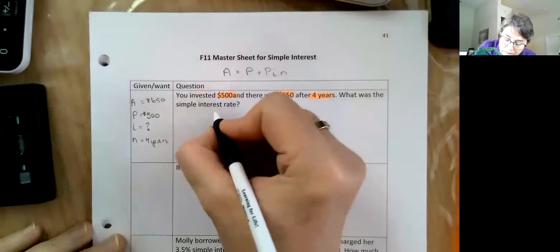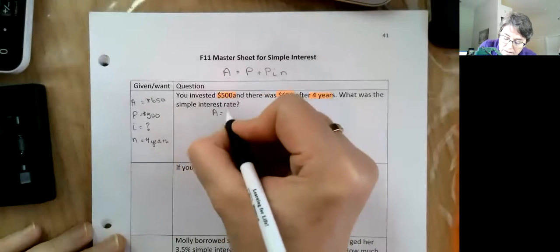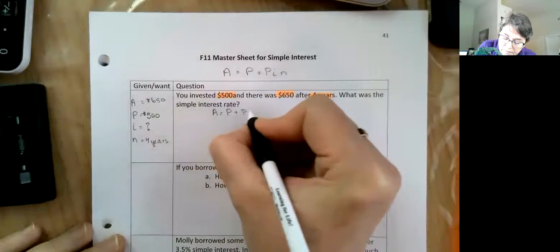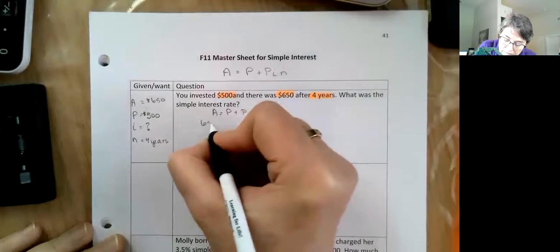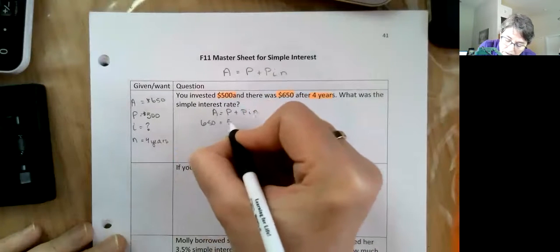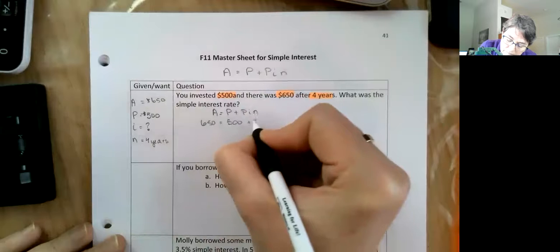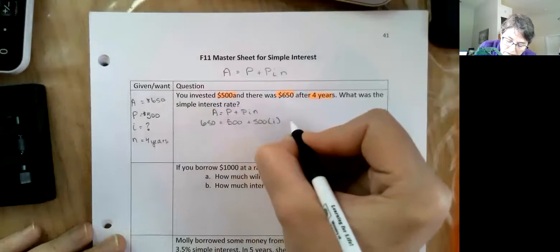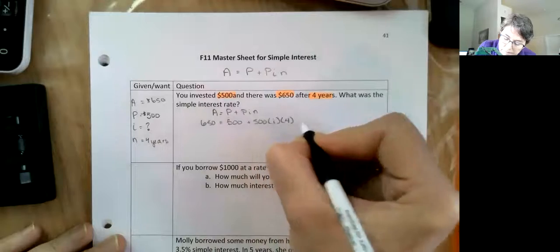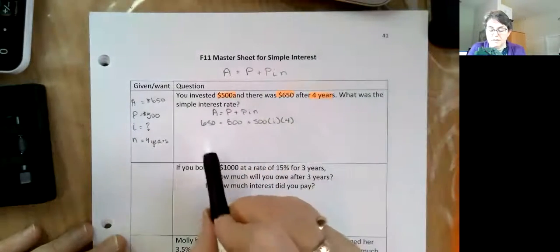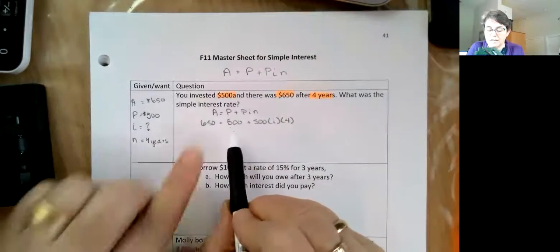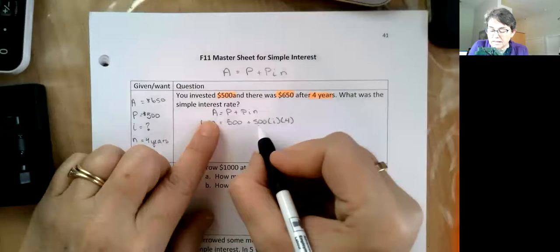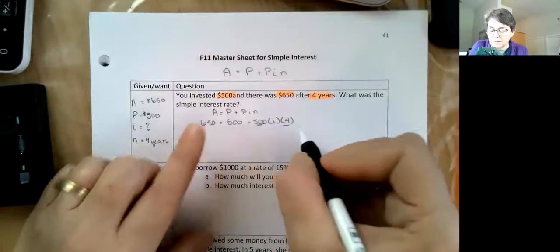Now let's plug in our formula. Times I times 4. All right, so there's nothing to do on this side of the equation. On this one, multiplication comes first, so I'm going to put those together.